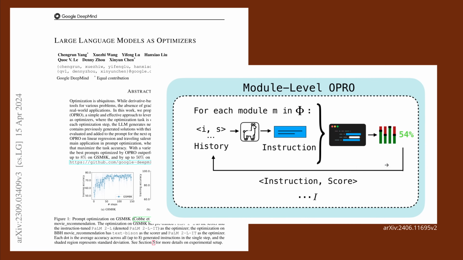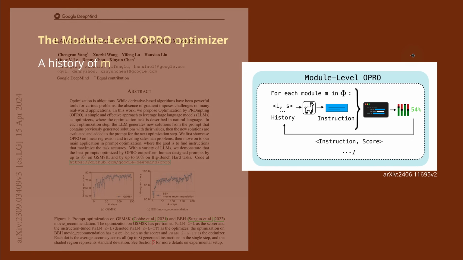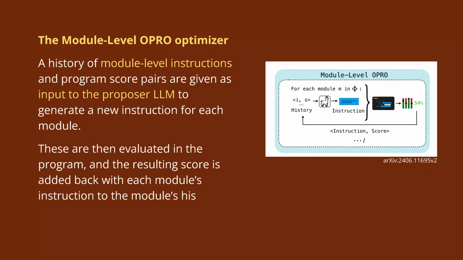I told you. Now, there was then this beautiful idea. Let's take here this OPRO, this prompting optimization for multiple modules that we can program. And I said, of course. So what we have a module level optimizer. Beautiful. So we have here a history of module level instruction and program scores that pairs now together and are given as an input to GPT-4 Omni to generate now new prompt instruction for each module.